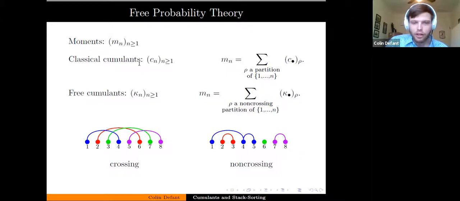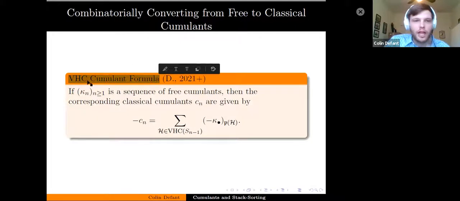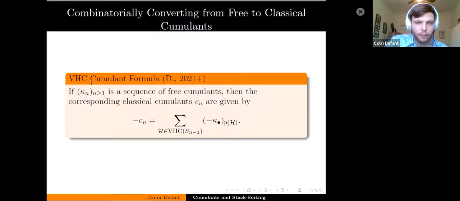And it turns out that we can actually do this using these valid hook configurations. So this is what I call the VHC cumulant formula. VHC here stands for valid hook configuration. This says that if you give me some sequence of free cumulants, then the corresponding classical cumulants can be obtained by this formula, which is just given by summing over all of the valid hook configurations of all permutations of size n minus 1.